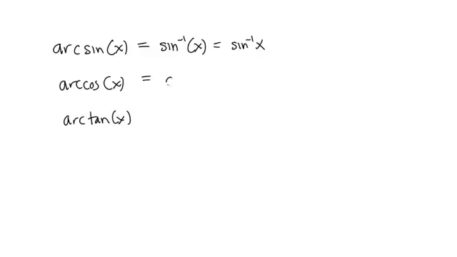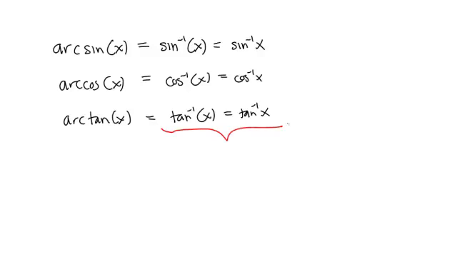And similarly, you have a cosine inverse of x, or cos inverse x, and you have a tan inverse of x, or tan inverse x. So the notation on the right is synonymous with the notation on the left. Sometimes when we write them this way, we call these the arc functions. When we write them this way, we refer to these as the inverse trig functions.